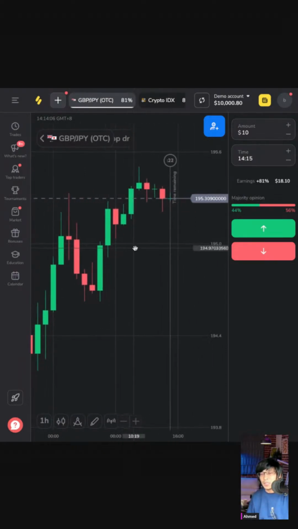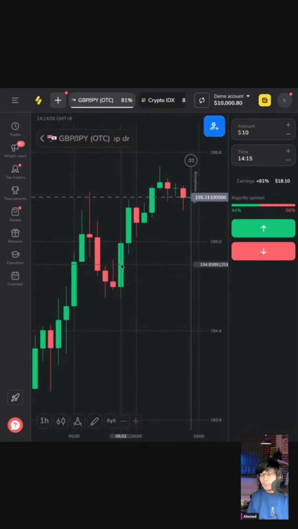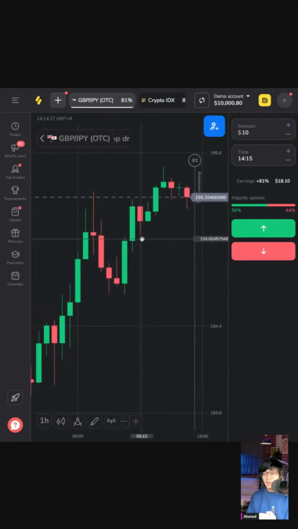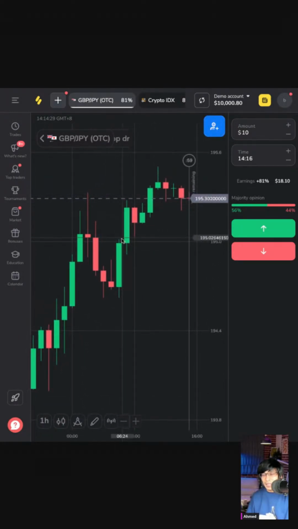So that's what's happening here. And if you open somewhere here at the middle or near the top of this green candle after the retracement, that has a high probability of going up. Okay, so we are on the 1 hour time frame. So there's a lot of time for you to make money with GBPJPY, because this candle after the retracement is taking its own sweet time to go up, and it's not even challenging the middle of this candle.